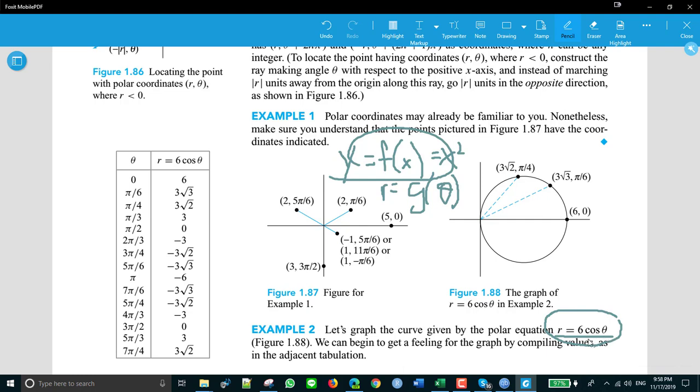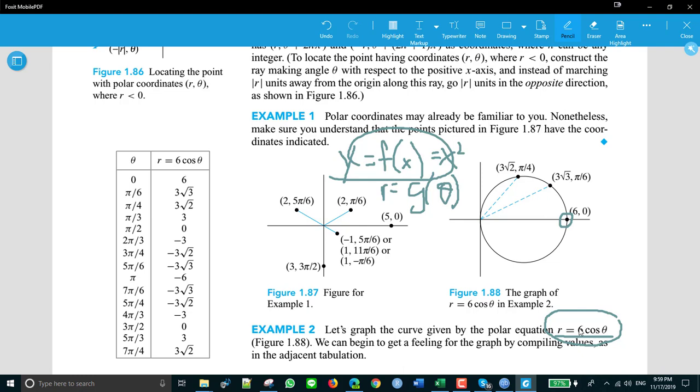So for example, if we put in theta equals 0, cosine of 0 is 1, so r equals 6. So when theta is 0, r is equal to 6, which means that this point is on the graph of this curve. Okay, then we could put in other things for theta. For example, pi over 2.